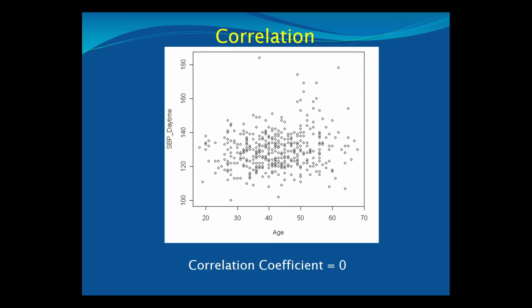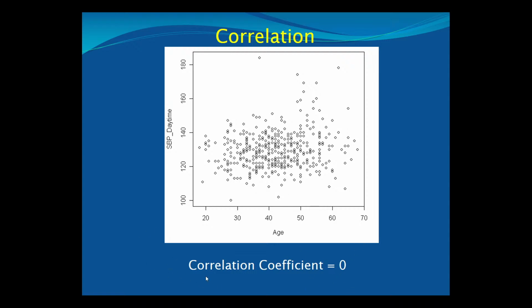Next graph. For example, we need to understand, is there an association between age and systolic blood pressure? All measures are depicted on this graph. So look, there are a lot of points, but we can't see any trend on this correlation graph.